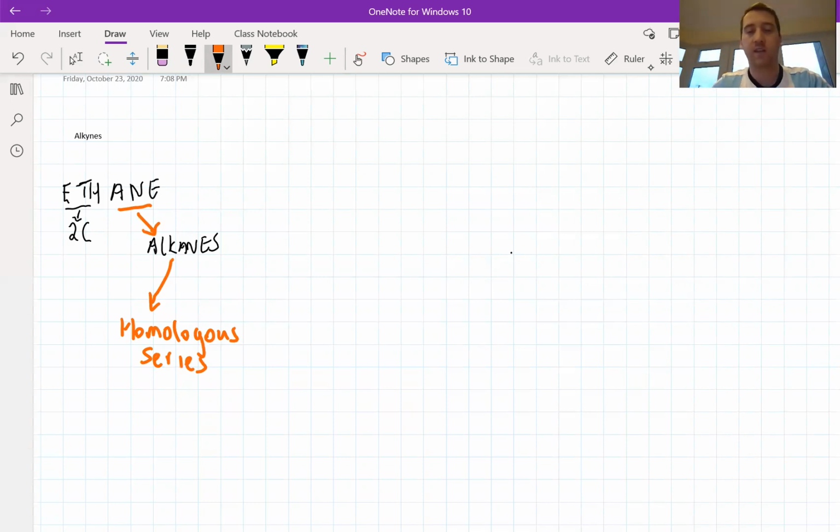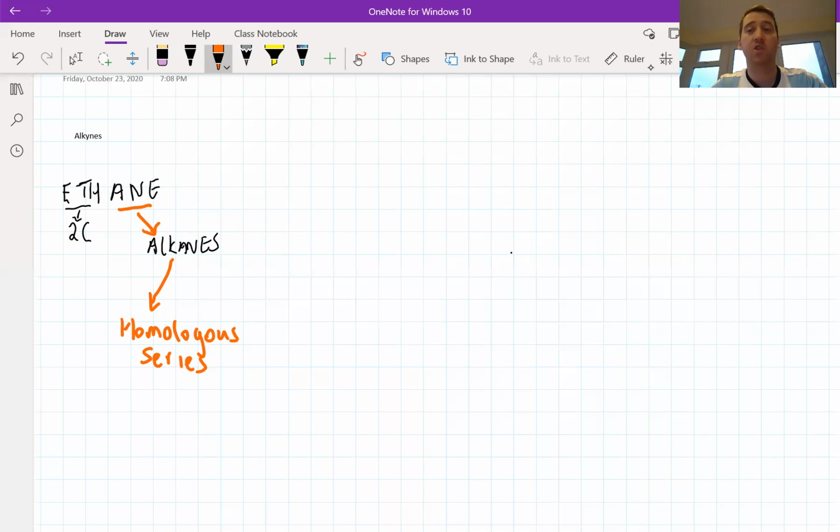Okay, so what you should have said is that a homologous series is a group of chemicals. That's the first thing. It's a group of chemicals. What else do we know about it? You should have said things like they have similar chemical properties. So all the molecules in the group have similar chemical properties.